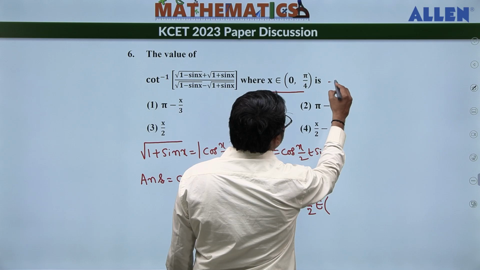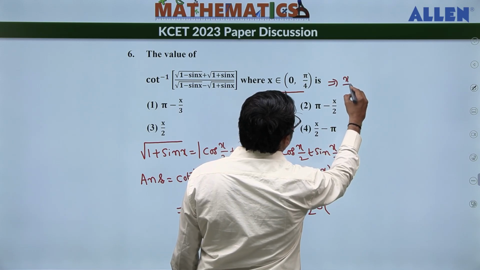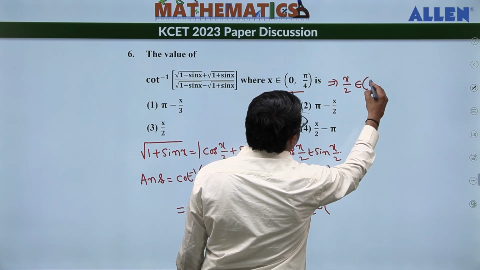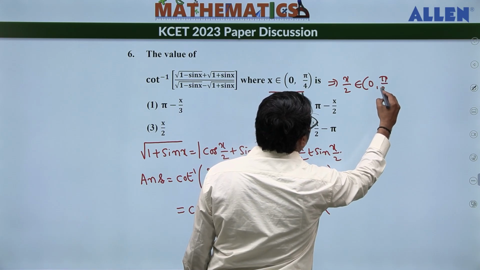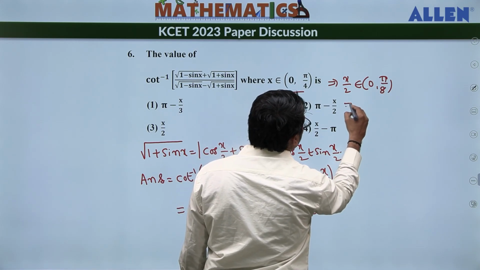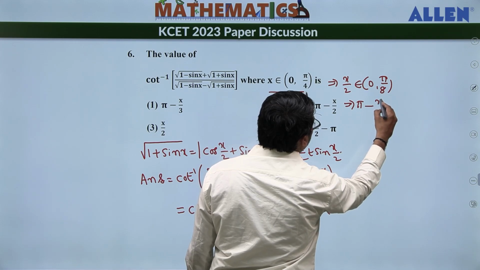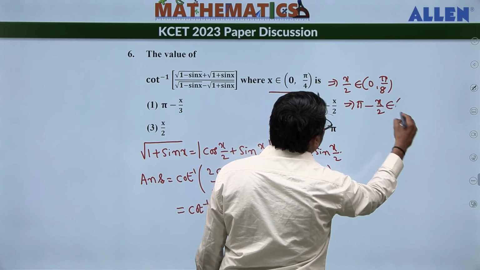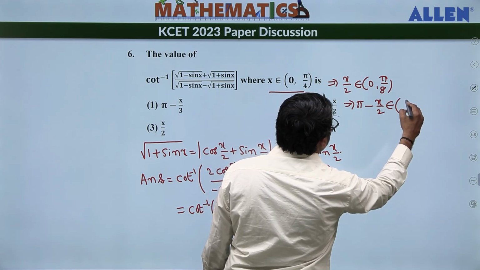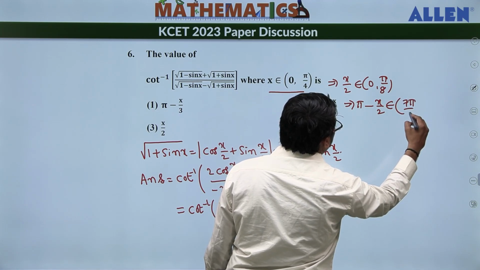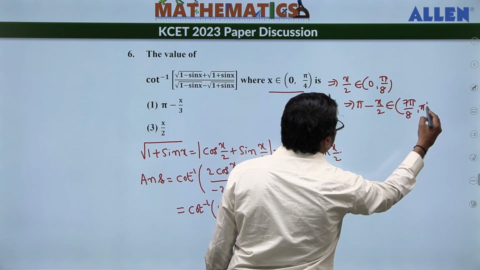So x by 2 belongs to open interval 0 comma pi by 8. Pi minus x by 2 belongs to 7 pi by 8 comma pi.